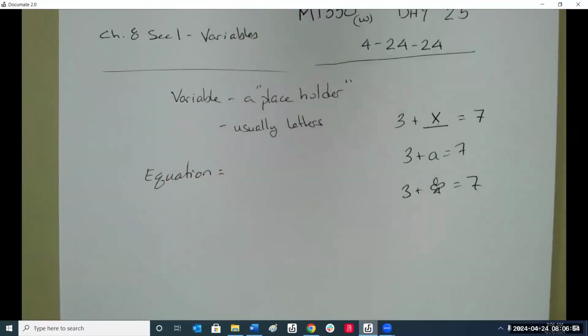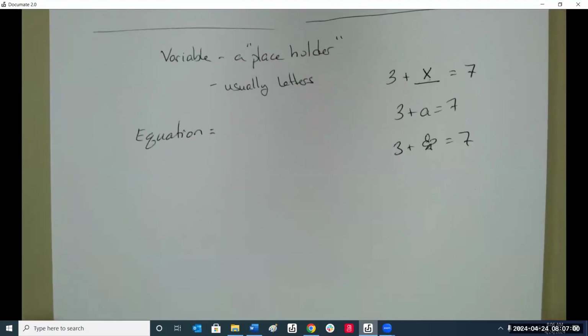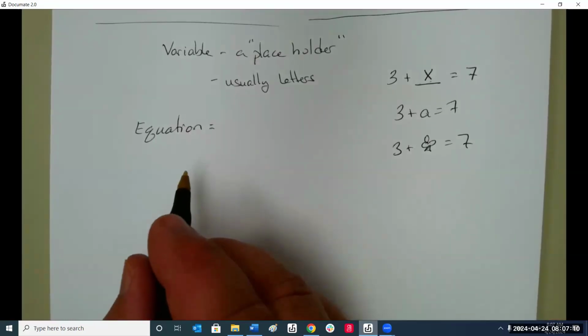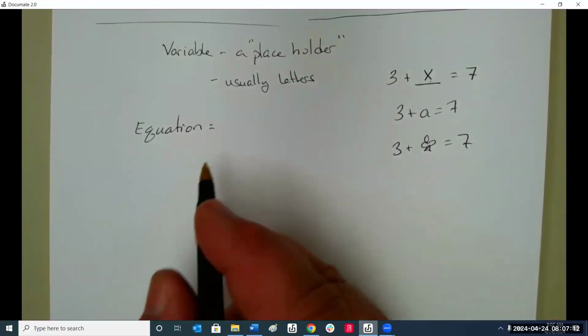What is an equation? An equation is really two mathematical statements that are equal.